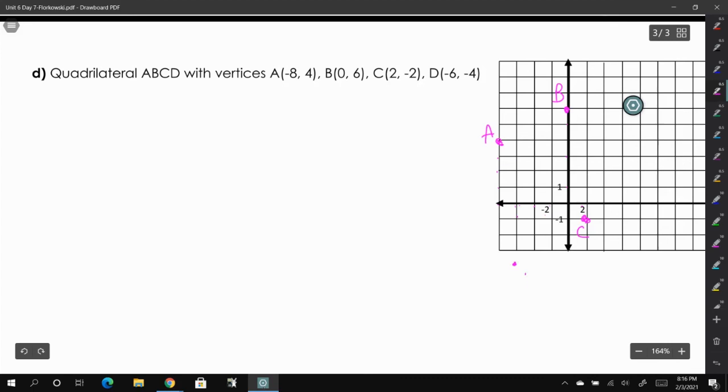So right here, kind of off the graph a bit. Okay. So AC is one of your diagonals, and BD is the other diagonal. So let me just also label these with the corresponding colors, again, to help you out.